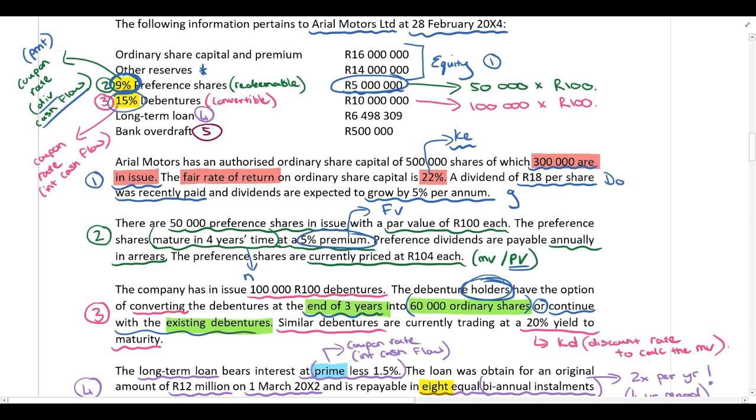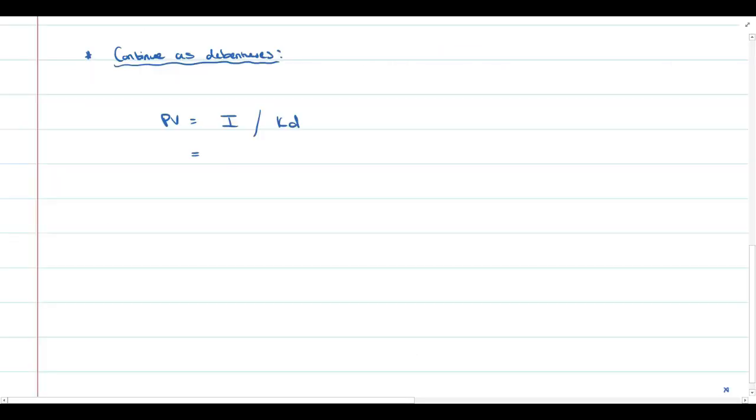So I'm going to use this 15%. And the debentures have a par value of 10 million Rand. So that's made up of 100,000 debentures at a par value of 100 Rand each. So if I want to calculate the interest, it's going to be 10,000 Rand multiplied by 15%.